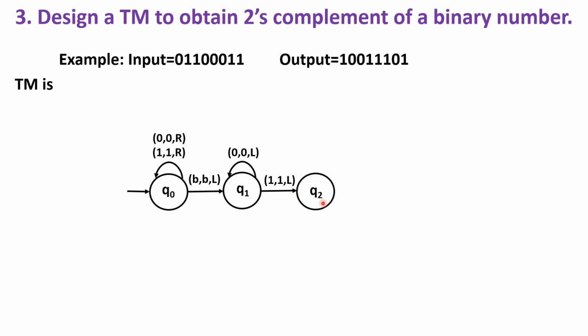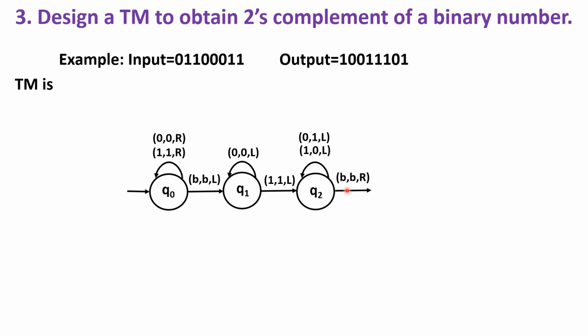So once you have changed the state to Q2, it means the first one is kept as it is. Now from Q2 onwards, it will be just 1's complement. That is, if you have a 0, replace it as 1, move towards the left. If you have a 1, replace it as 0, move towards the left. So go on replacing 0 as 1 and 1 as 0 and be in the same state Q2 and move towards the left until you come across a blank.